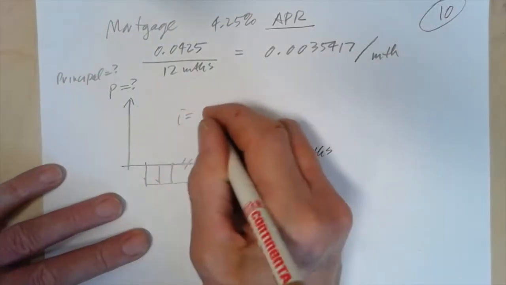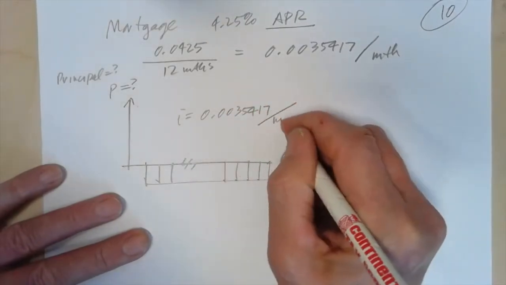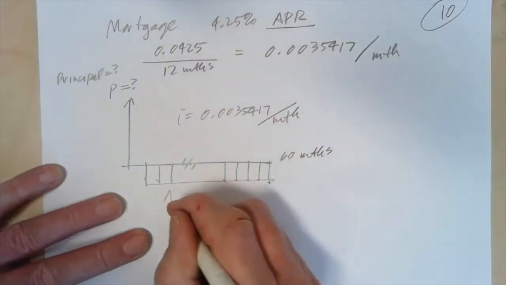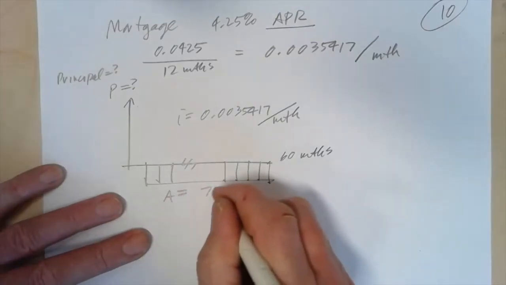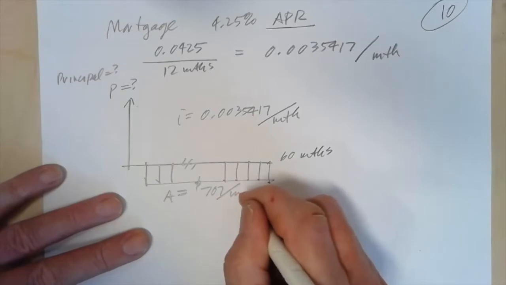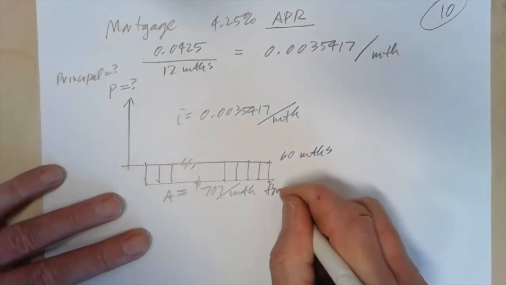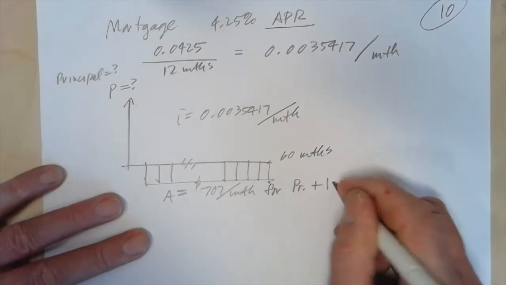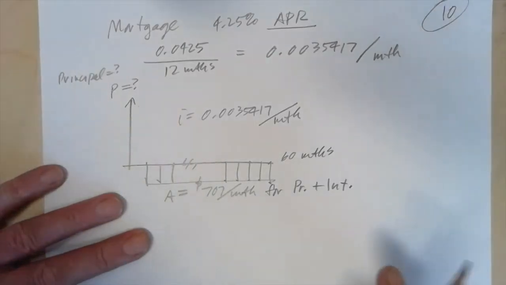And my I is equal to 0.003517 per month. And I know that my A is $707 a month. Why? Because I look at my statement every month. This does not include property tax. This is for principal plus interest.